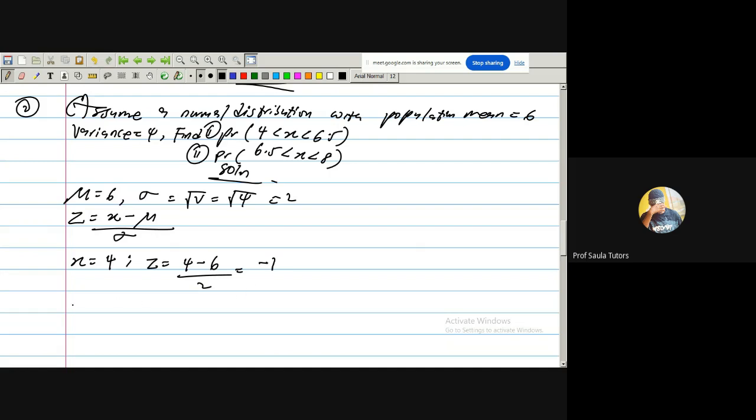And when x is equal to 6.5, this will give me z equal to 6.5 minus 6 divided by 2. So what is 0.5 divided by 2?